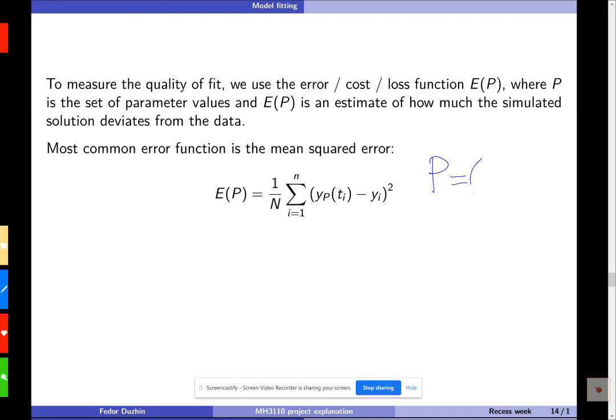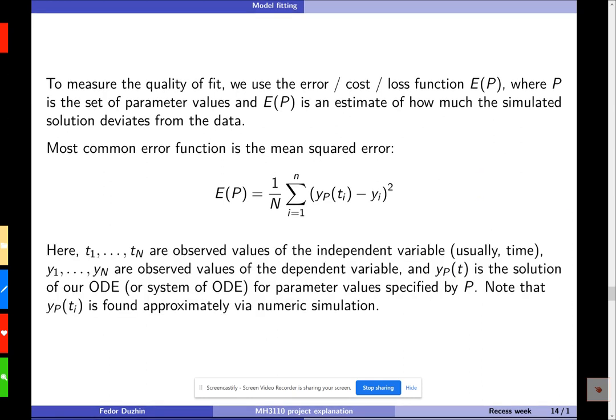If P is a vector of specific values for k, alpha, and y naught, then for every specific combination of k, alpha, and y naught, we can approximately find Yp of t by solving the corresponding system of equations. Then at the time moments for which we have observations of the historical Earth population, we find Yp at those moments, and we know the actual population, Yi, at those moments. And then we take the mean squared error.